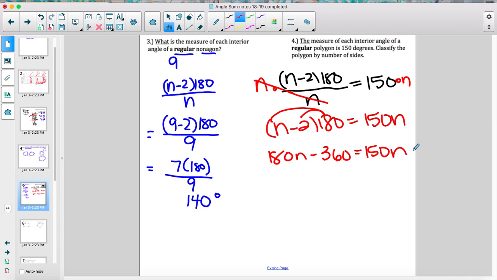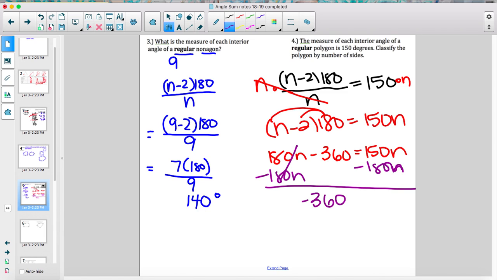Now we're set. You are capable of solving this equation. We have n's on both sides, and so we need to move them together. We're going to subtract 180n over to the opposite side of the equation. So now that's gone. We bring down our negative 360 equals negative 30n. And last step, the negative 30 is attached to the n by multiplication.